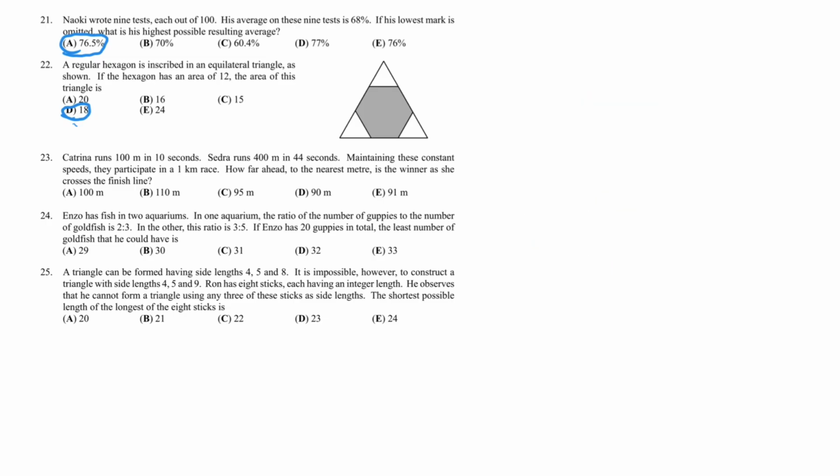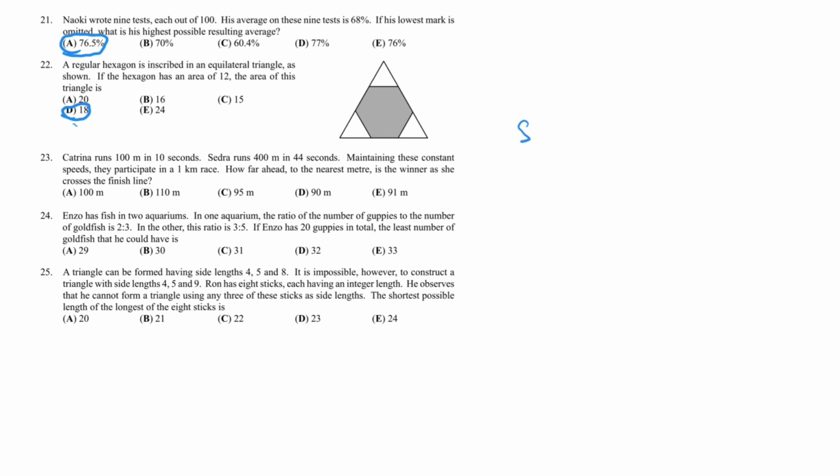Number 23. Katrina runs 100 meters in 10 seconds. Sandra runs 400 meters in 44 seconds. Maintaining these constant speeds, they participate in a kilometer race. How far ahead, to the nearest meter, is the winner as she crosses the finish line?